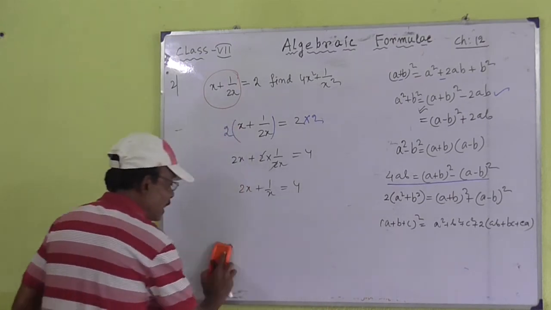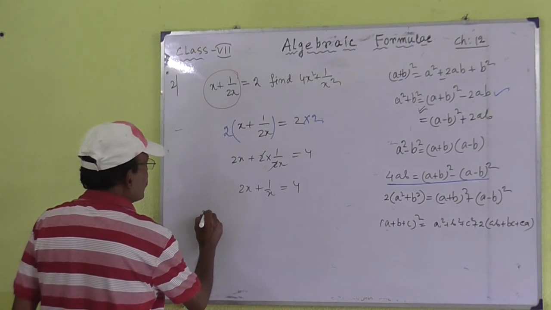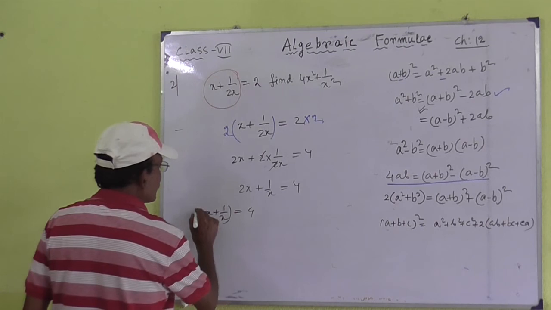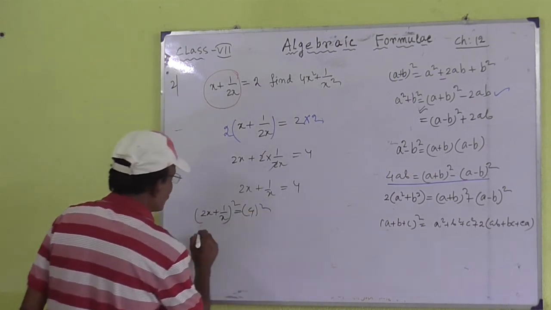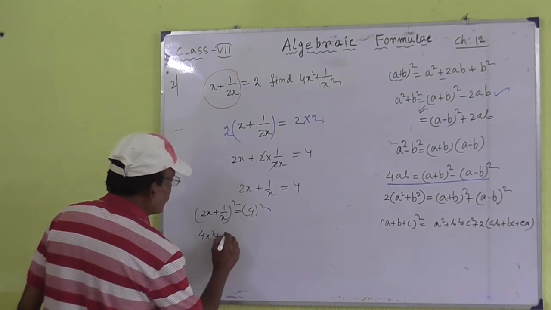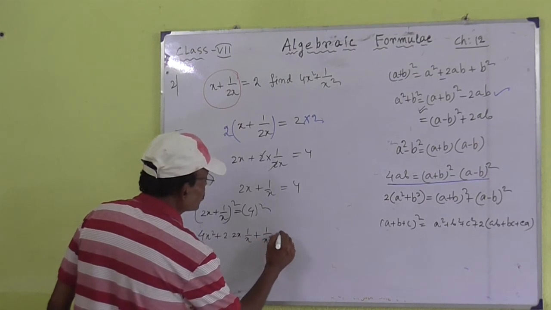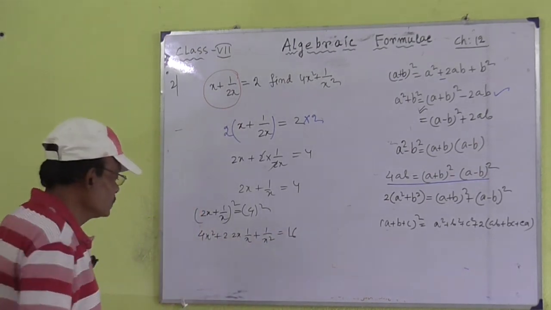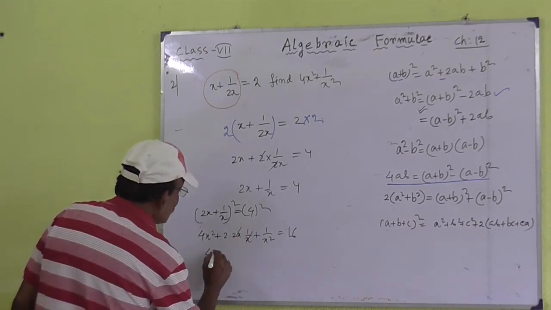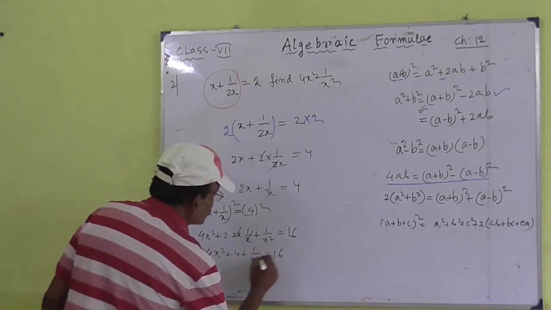Now, another way to solve the problem. 2x plus 1 by x equal to 4, squaring both sides. 4x square plus 2 into 2x into 1 by x plus 1 by x square equal to 16. 4x square plus 4 plus 1 by x square equal to 16.